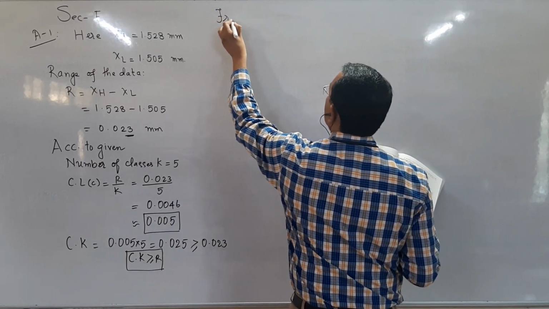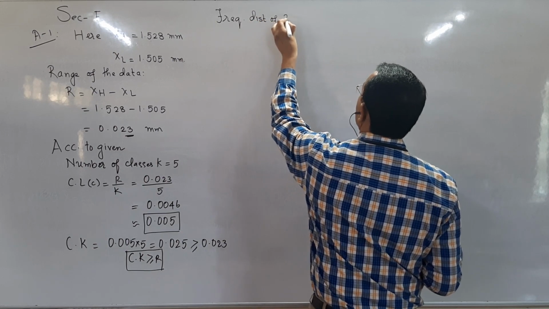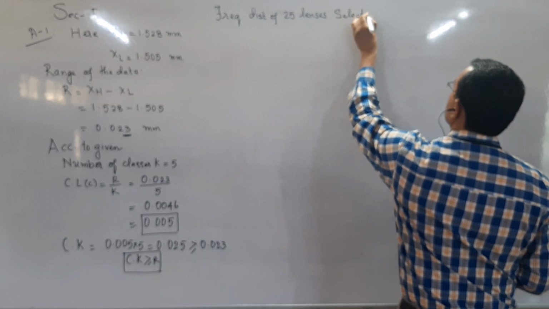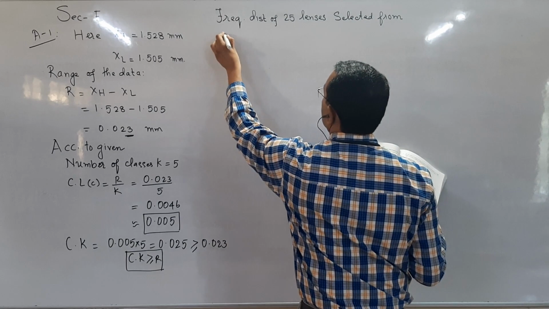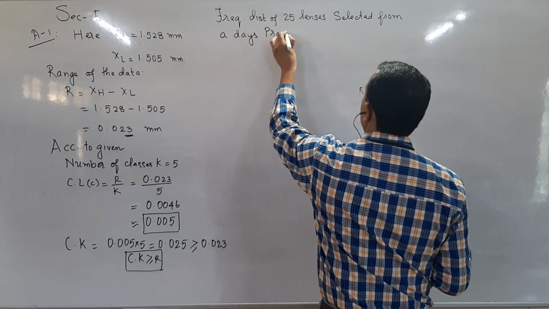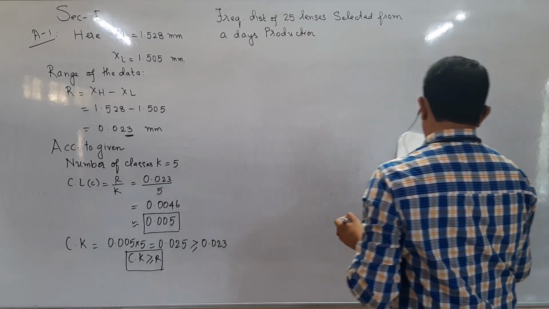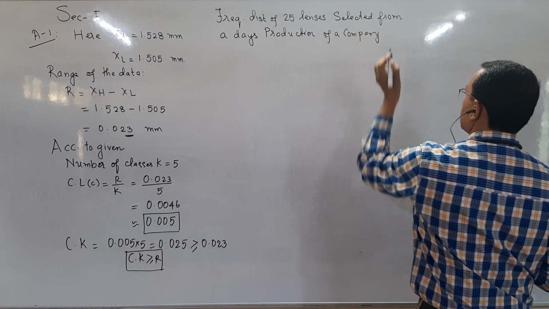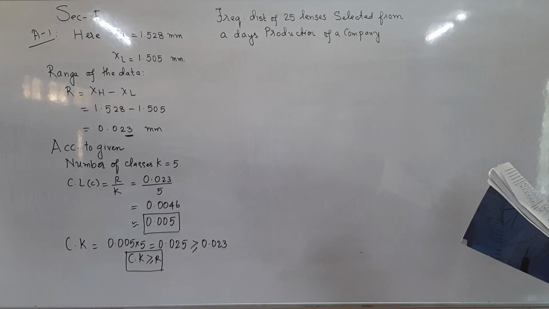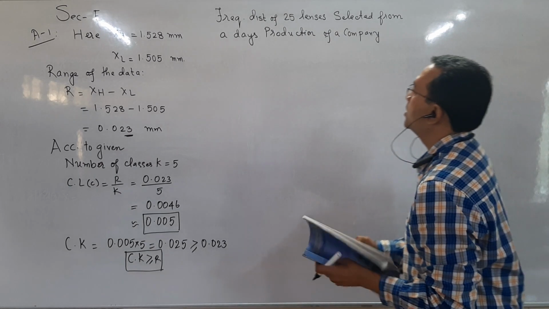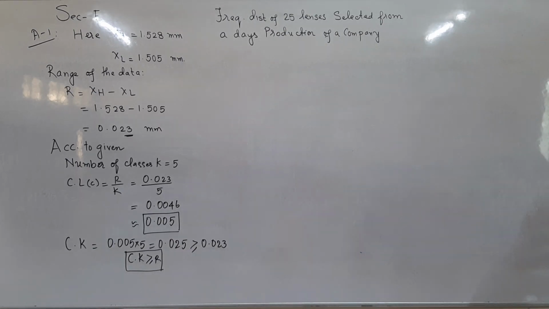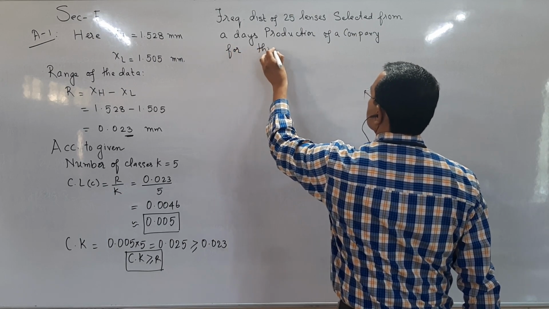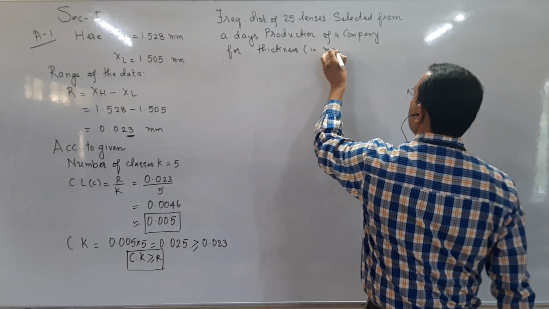So we write frequency distribution of 25 lenses selected from a day's production of a company for thickness in millimeter. Correct.